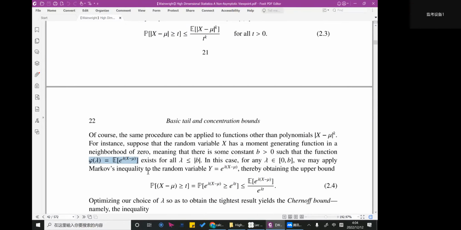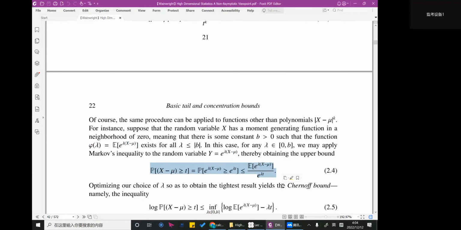We apply Markov's inequality to y, and we get this inequality.